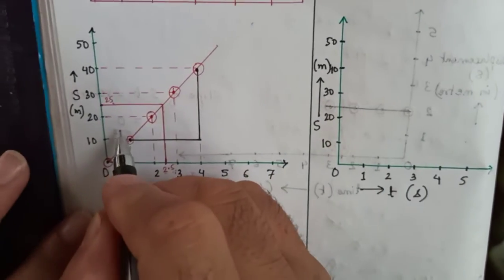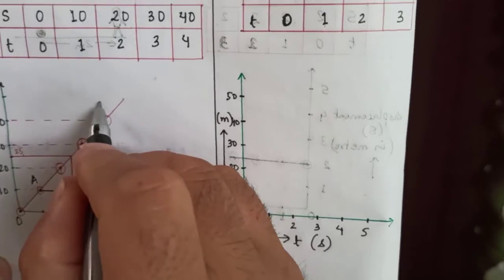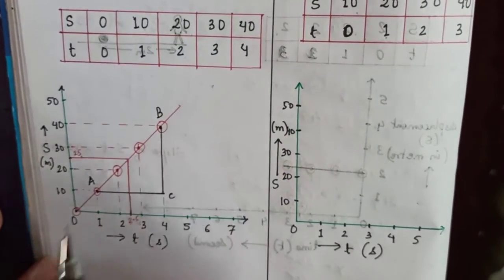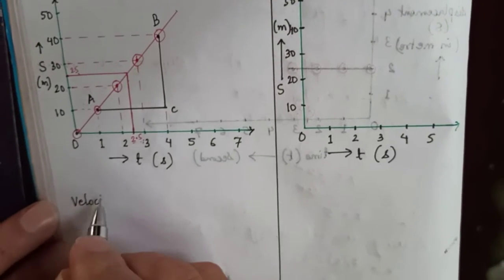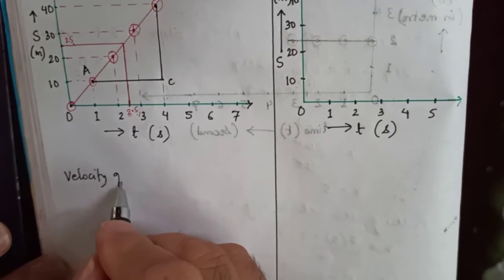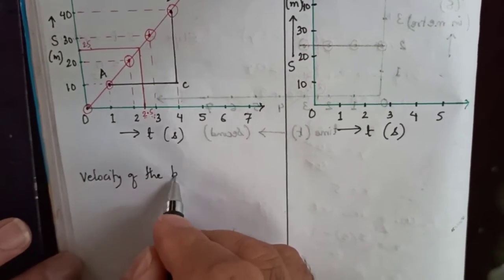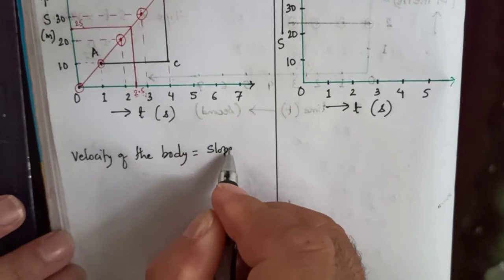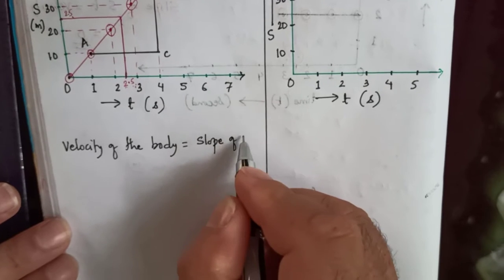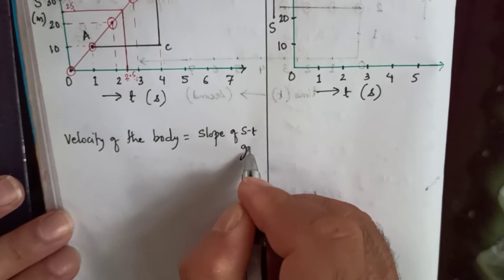So let's say this is A, this is B, and this is C. So ABC is a right angle triangle. So the velocity of the body, as you know, will be given by the slope or gradient of displacement time graph.